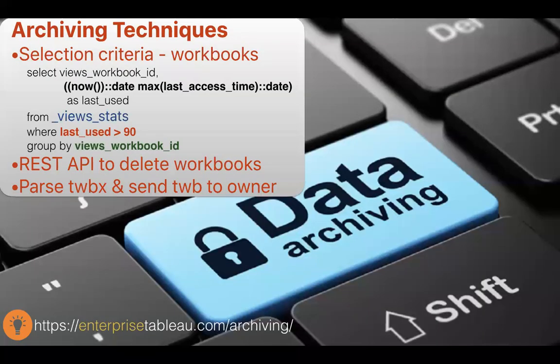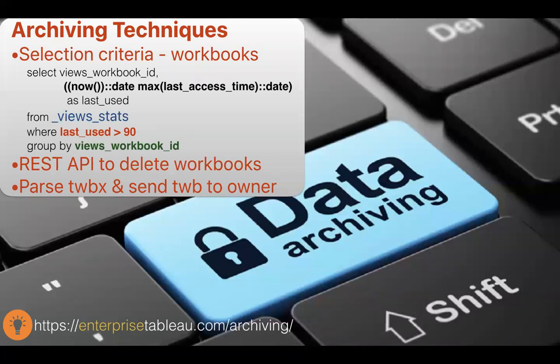Now, how the logic works against selection criteria: you may find other ways to do the selection from the historical event table or whatever, but what I'm trying to share is one other way, with basically similar logic as reschedule. You can find out last used by how many days. Let's say 90 days, never been used, you can decide to archive it.